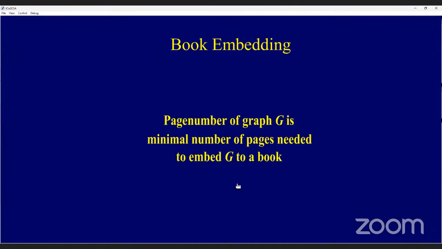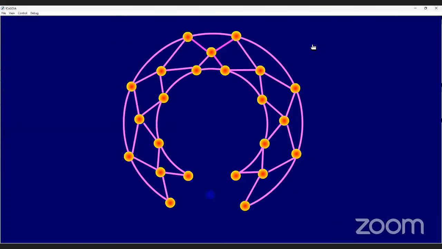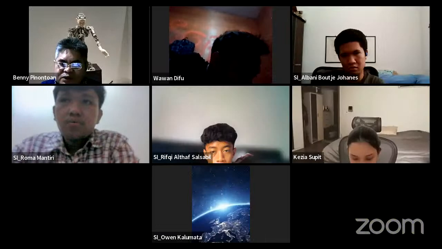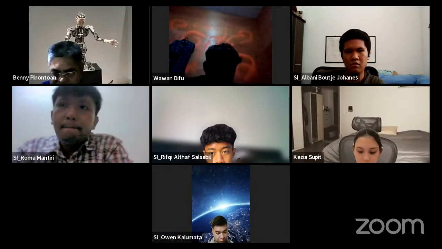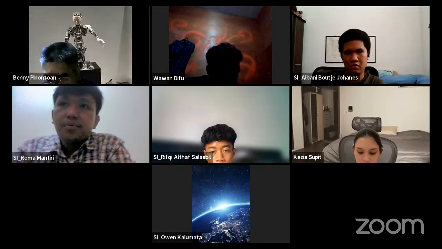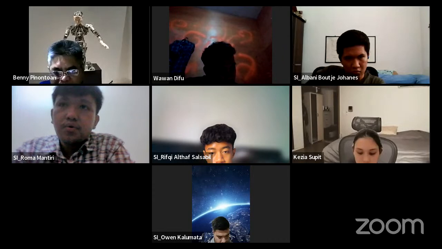So that is the page number. That is actually what the crossing number and the tile, and also the book embedding are.